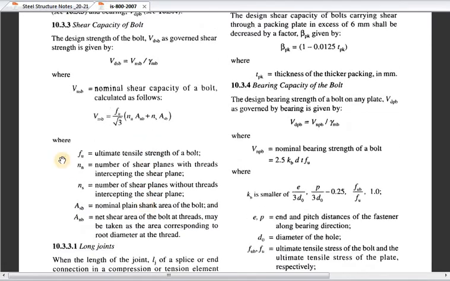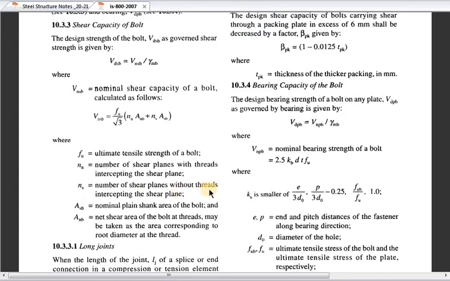Here all these descriptions have been given. Fu is the ultimate tensile strength of bolt. NN is the number of shear planes with threads intersecting the shear planes, because we are considering ANB. The alphabet N is the same, that means this area depends upon the threaded portion, and this number of shear planes again depends upon the threaded portion. What about NS?